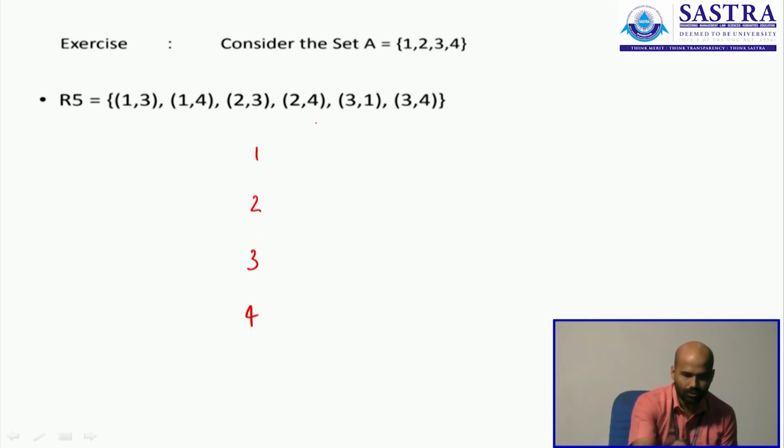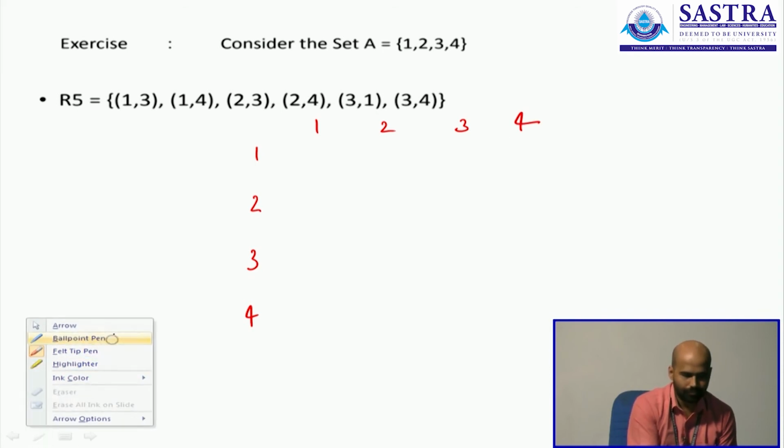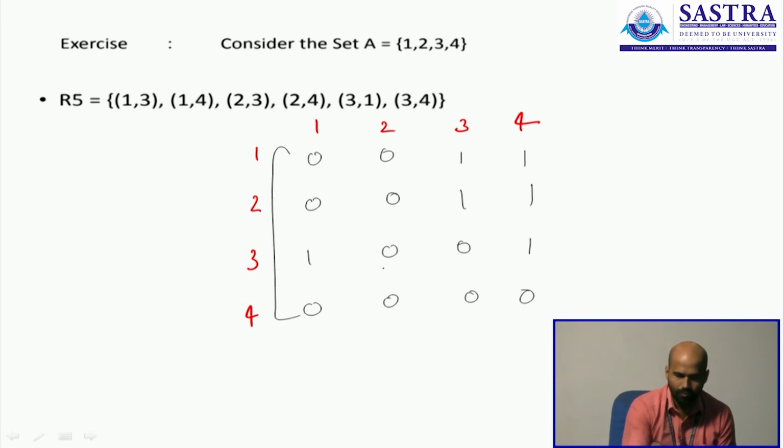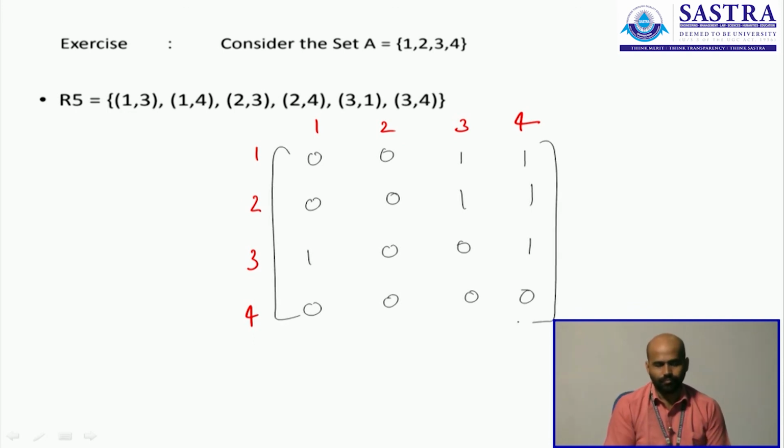One last example for you. We'll go to the next concept shortly. 1 3, 1 4, 2 3, 2 4, 3 1, 3 4. The other entries are zeros.